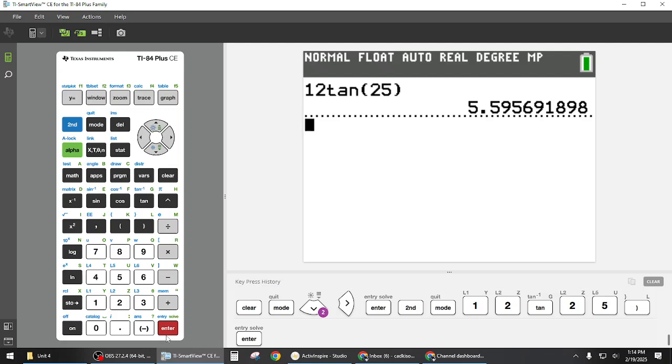Let's say it this way. Whatever number you enter, when you hit tangent, it takes the tangent of the number you put in before you push the tangent button, not after. So this says tangent of 25.